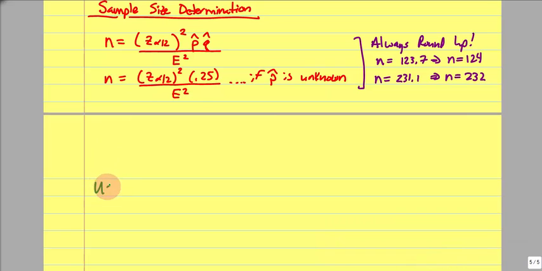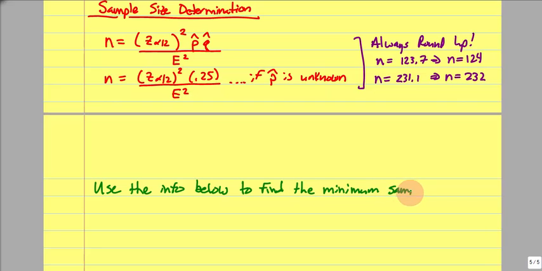So let's go ahead and use the information below to find the minimum sample size required. Now also here we're talking about a proportion of a population.